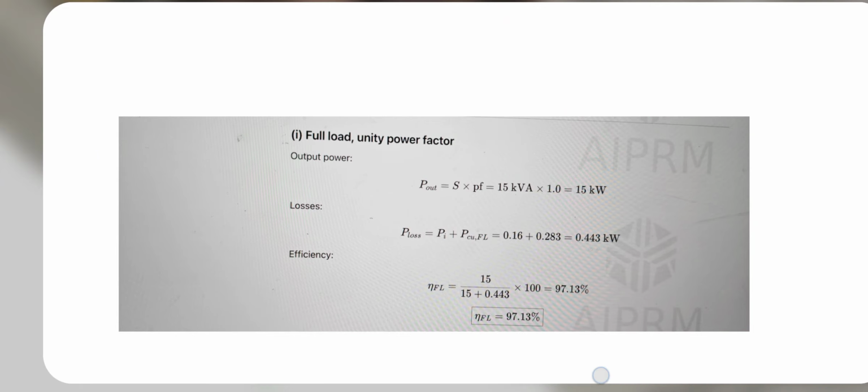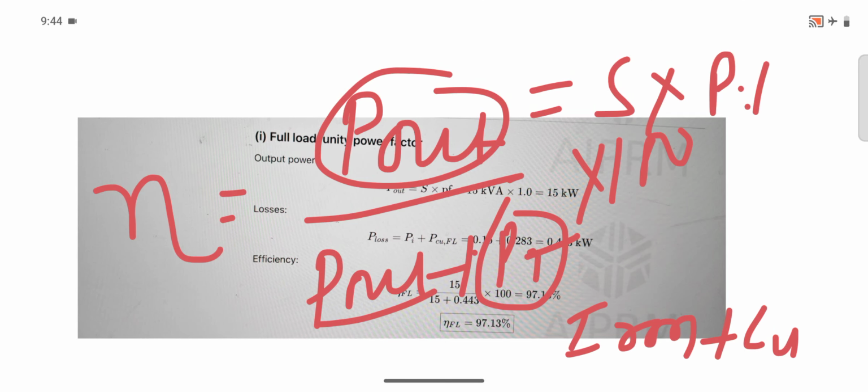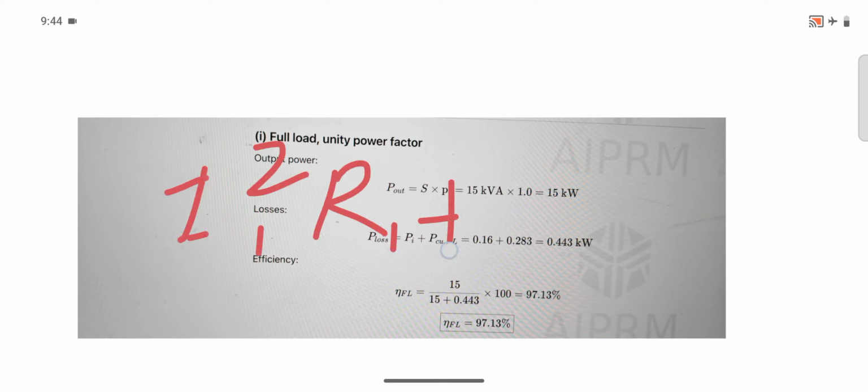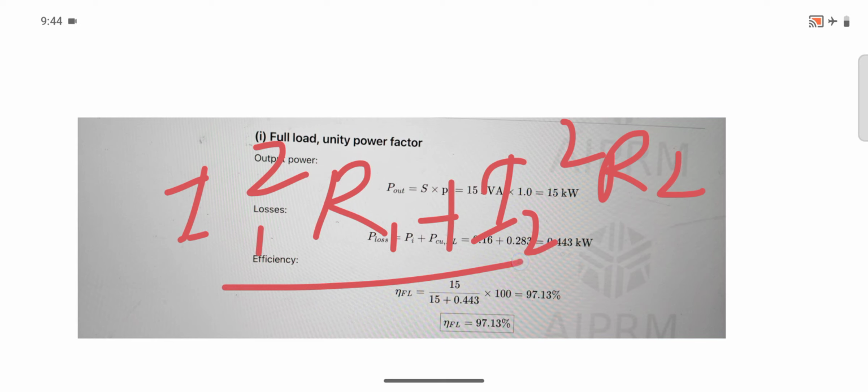Output power is equal to rating into power factor. Total loss is iron loss plus copper loss. Iron loss is given, which is constant. Copper loss in the primary winding plus the secondary winding: the primary winding copper loss formula is I square R and the secondary is I square R. The summation of primary plus secondary is the total copper loss.